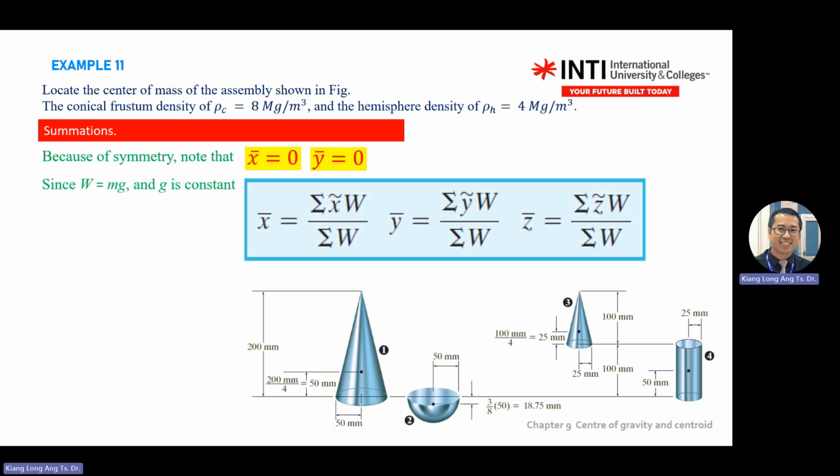So you're using this one: z bar equals curly w divided by w. In this case you are given the density, so convert w into mg, cancel out the g, and you get dm.